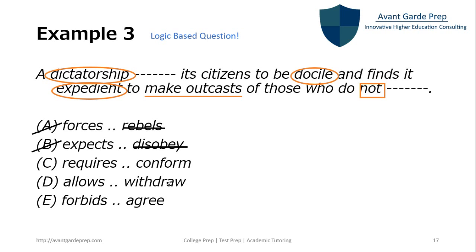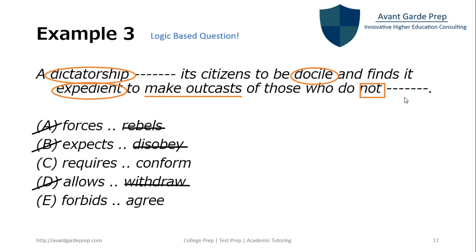The next one, D, says withdraw. That one's kind of iffy. It's not as blatant a wrong answer as rebel and disobey. If a citizen were to withdraw, that could work, but can a dictatorship make outcasts of all the citizens who do not withdraw? No, logically that doesn't make sense. So D would be eliminated as well.